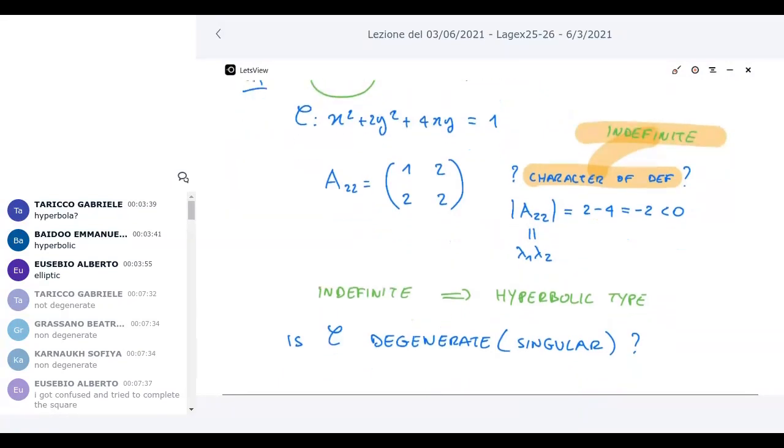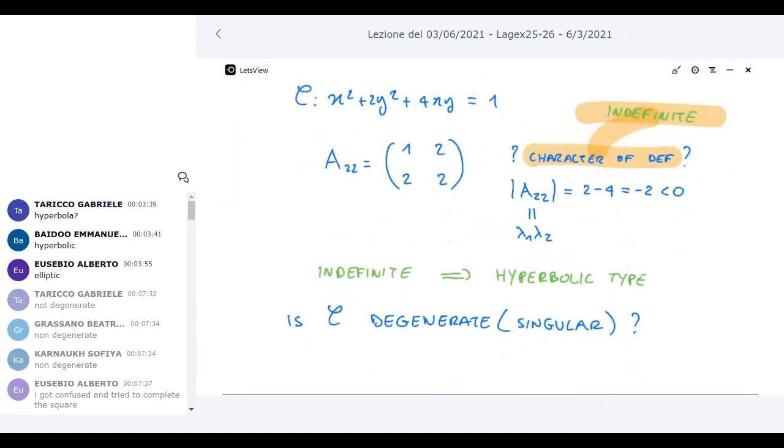So the question we are asking here is basically if the plot of this conic in an appropriate system of reference is something like this, a nice hyperbola, or something of this kind here, a pair of intersecting lines, for example, right?